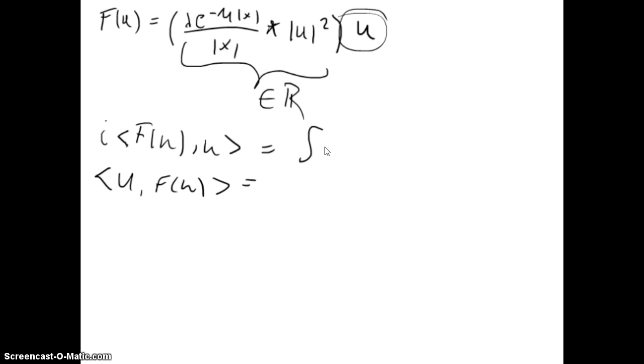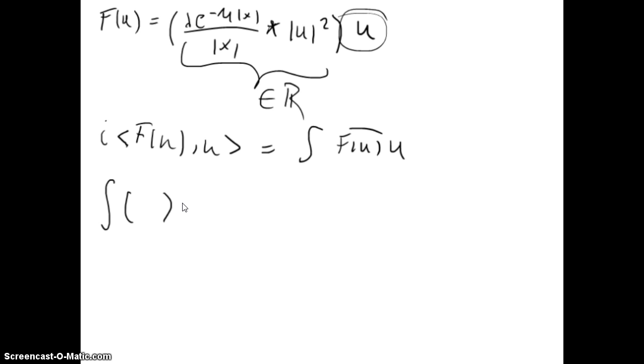So this will be the integral of f(u) conjugate times u, and this conjugate will stay the same. So we get what we have in the parentheses, which is real, multiplied by u conjugate times u, which gives us the parentheses multiplied by |u| squared.